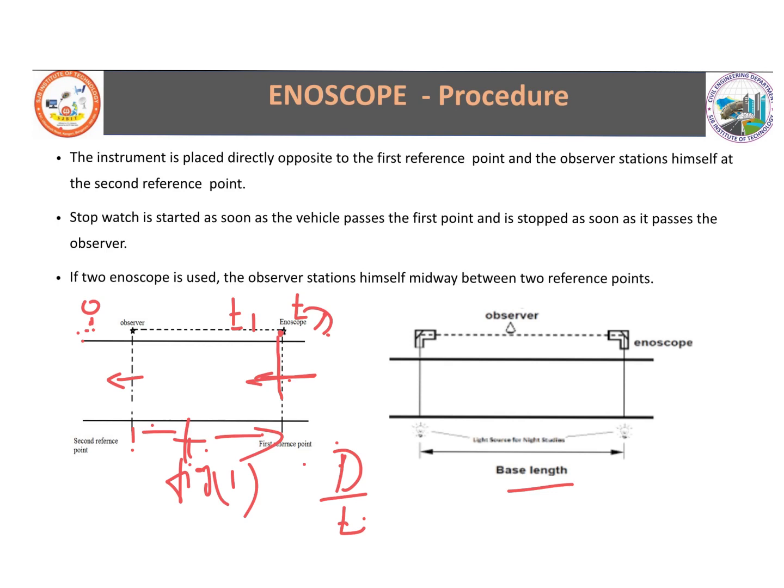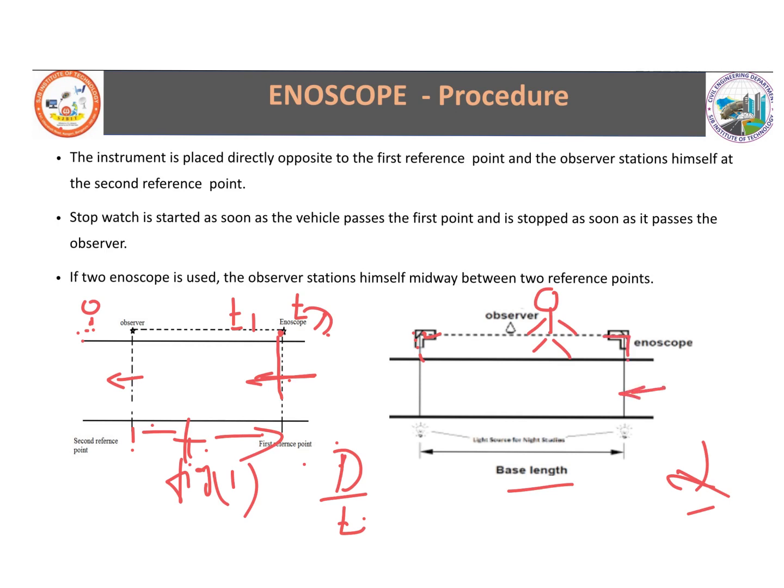The second thing is we can also have another variation, that is two iconoscopes can be used. When the two iconoscopes are used, an observer stations himself at the middle of the two points and the iconoscopes are placed at the two reference points.